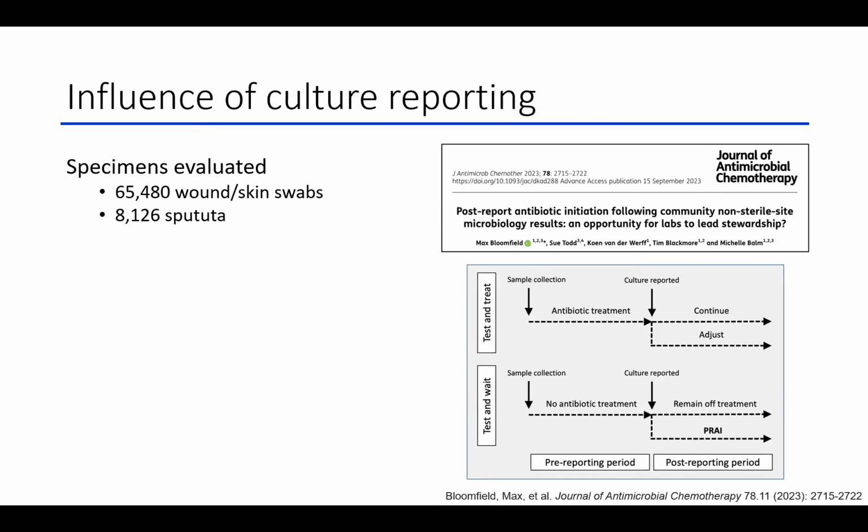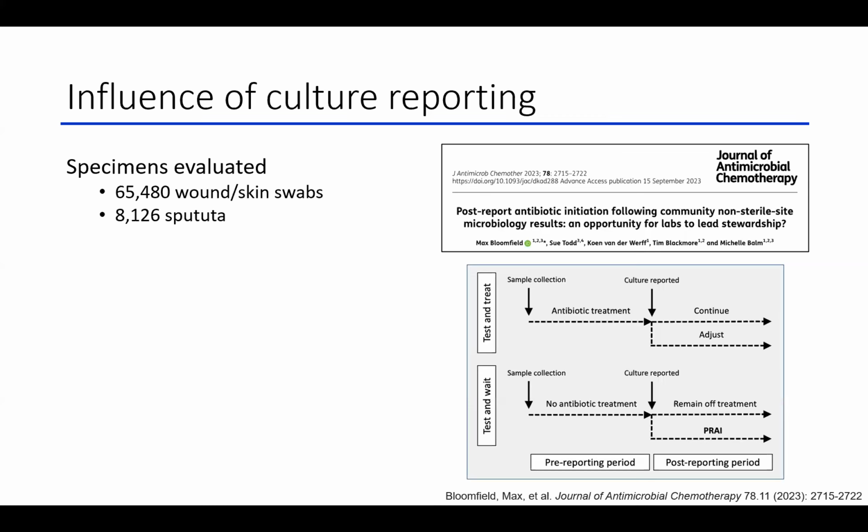So this was a nice study out of New Zealand. They looked at a super large number of wounds, skin swabs, and sputa. I just want to point out two categories, which will come up again, in this retrospective review. On the top here, you can see test and treat, where the sample is collected, they immediately started antimicrobials, and when the culture was reported, they either continued or adjusted them as needed.